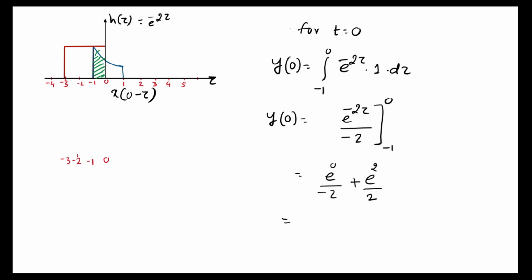This can be further simplified as 1 by 2 in bracket e power 2 minus 1. Simplifying this, we'll get y of 0 is equal to 3.19.